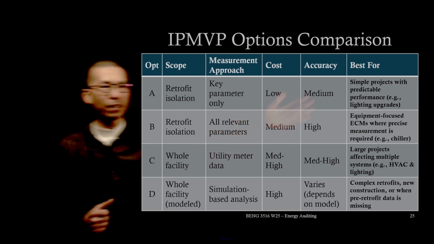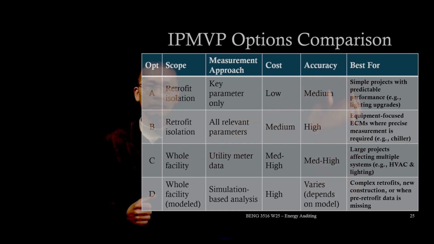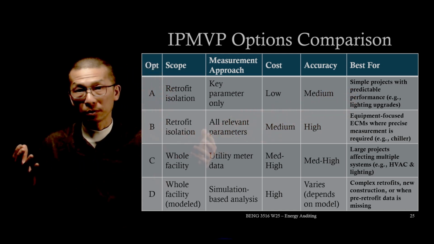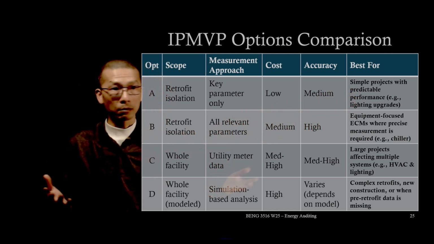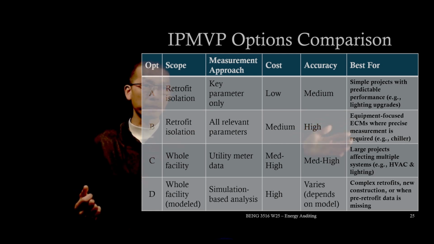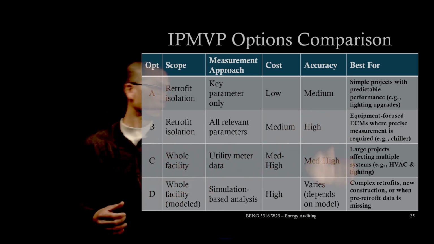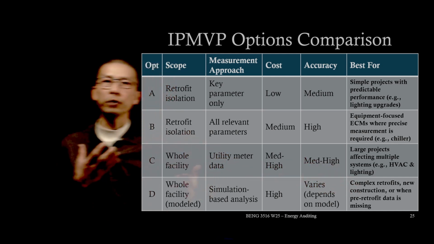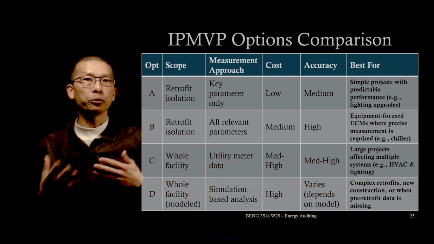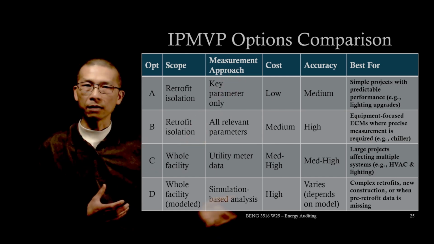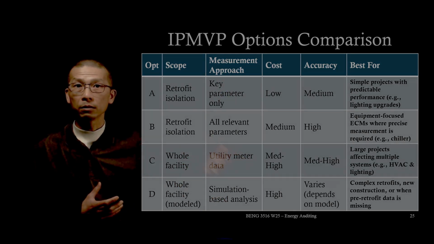Best for different scenarios: as we discussed before, simple projects where the savings are very predictable, compared to cases with more interactions between systems and equipment, or when we don't have previous data or it's a new construction. Again, you can look at the comparison in this table here.